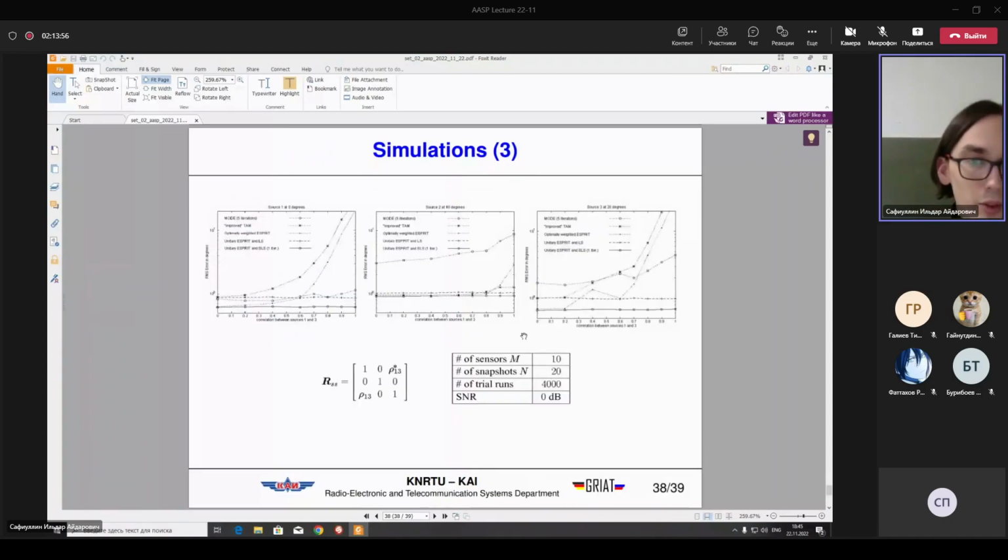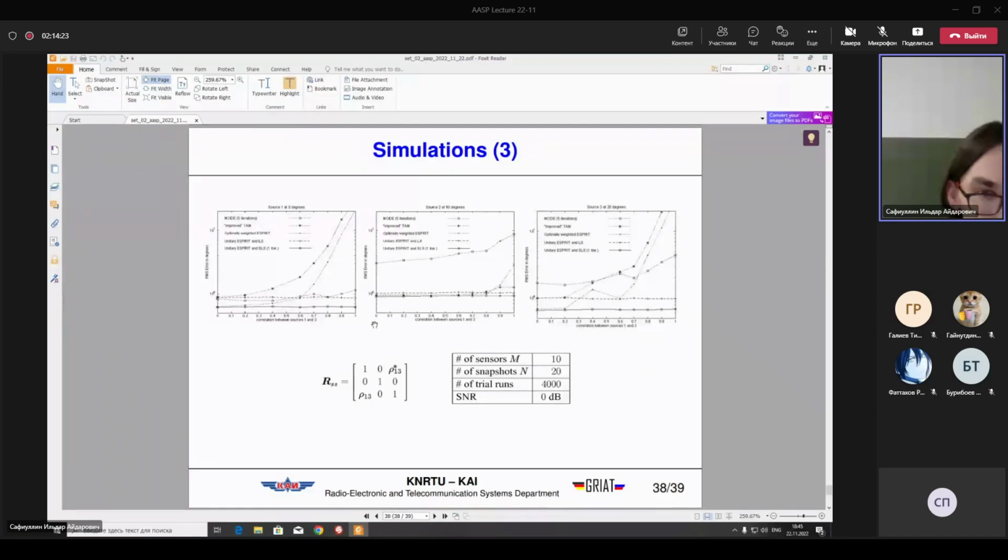And the last one here, we assume correlated sources. So you can see here we show the correlation matrix. We fix the signal to noise ratio to 0 dB, and here we increase the correlation.